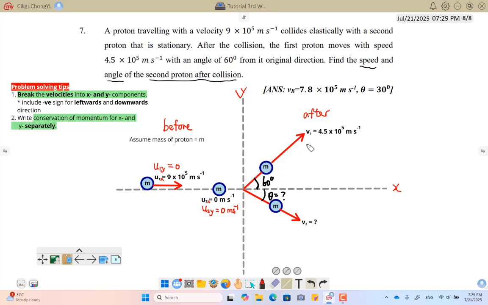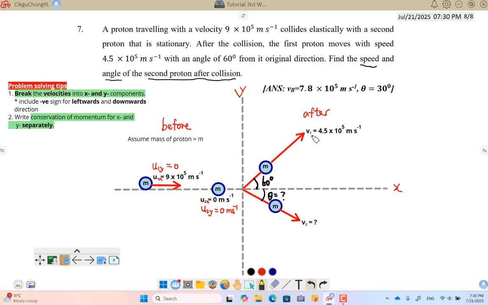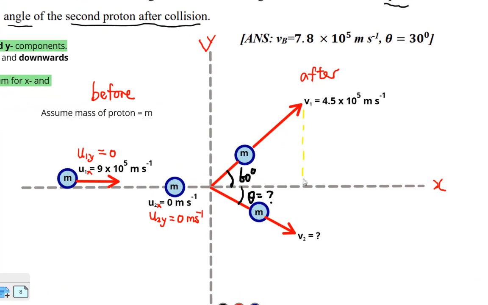After collisions, the first proton is moving with v1 at an angle of 60 degrees. So I can break this v1 into component x and also component y. The x component will be 4.5 × 10^5 cos 60, because the component x is adjacent to the angle.